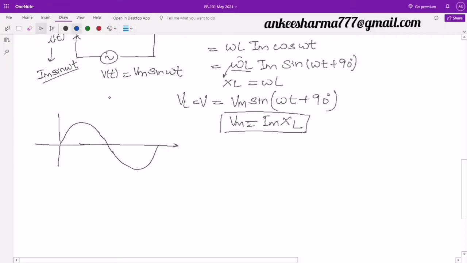Then I said my voltage V is equal to Vm sin of omega t plus 90 degrees. It means there will be a phase shift of 90 degrees, and I have discussed that when we have a phase shift of plus 90 degrees, whatever values are there at omega t equal to 0 will now be available after 90 degrees.